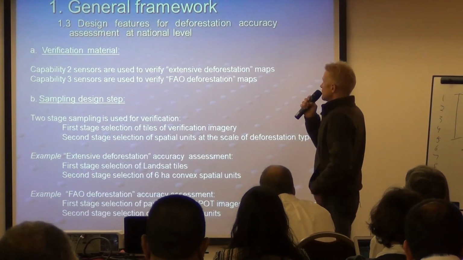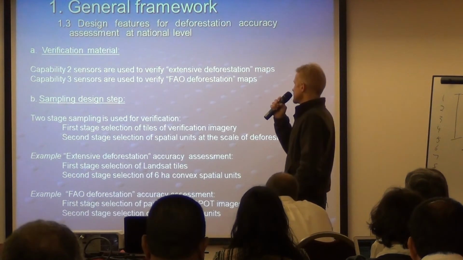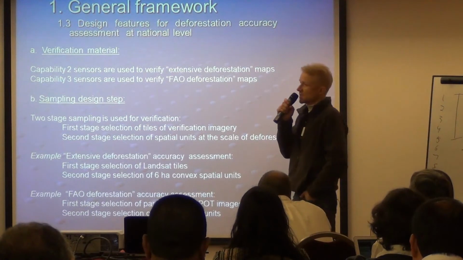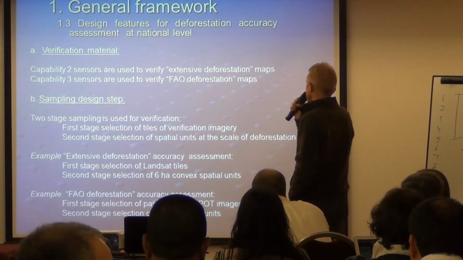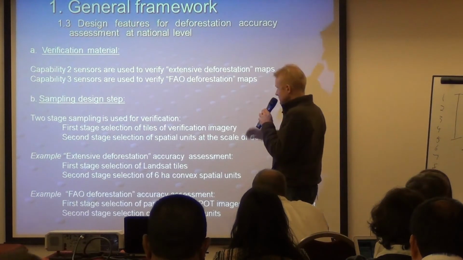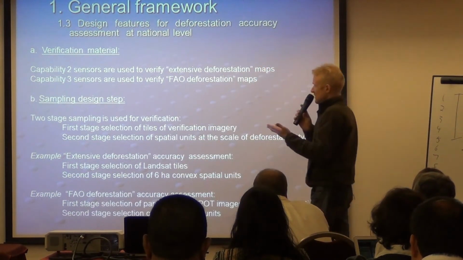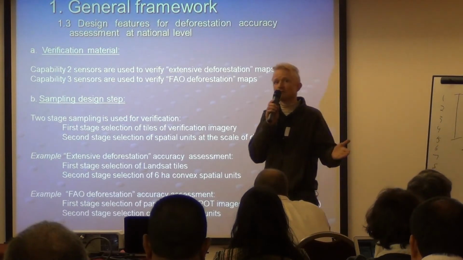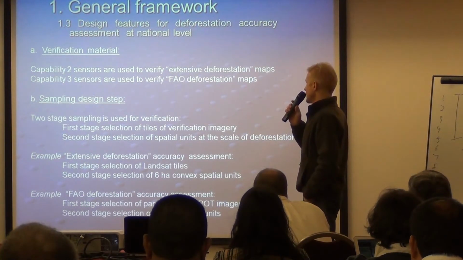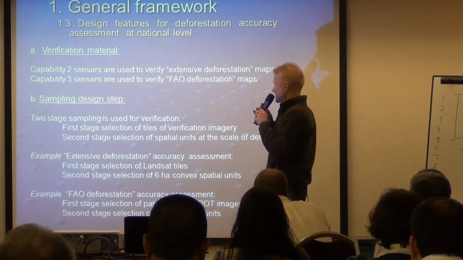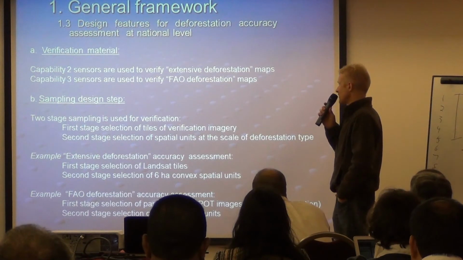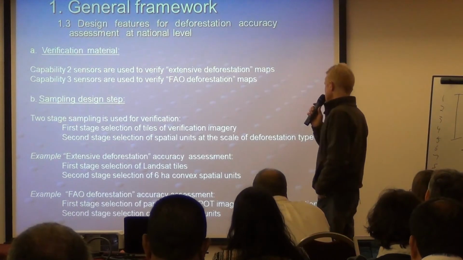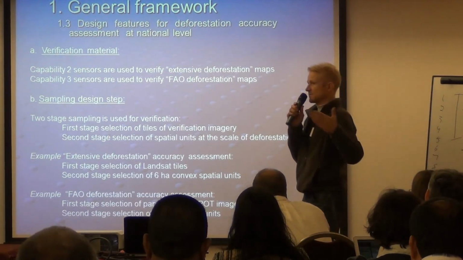And another feature is the sampling design, which might include a 2-stage sampling using as frames, for example, the Landsat tiles, in order to assess the accuracy of extensive deforestation derived from the different series of INEGI, and on the other hand, in order to assess the accuracy of FAO deforestation using panchromatic SPOT images, at least for the past few years.